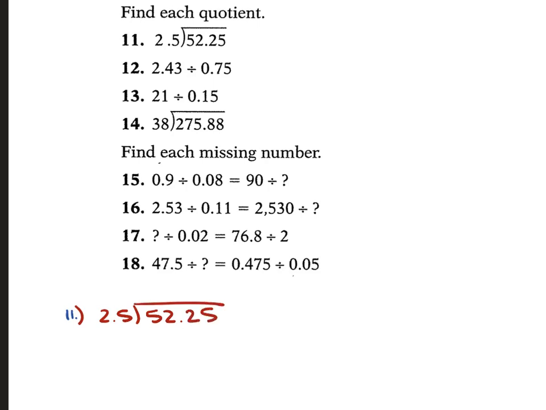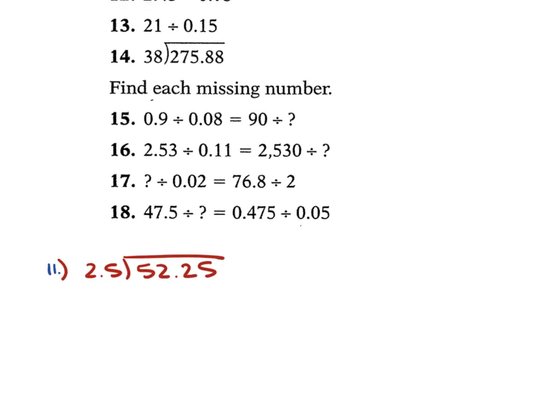All right, so this is why I wanted to do these with you instead of the ones that are done for you already, because when you have a division problem with a decimal on the outside of the division house, you cannot have a decimal on the outside of the division house. You have to have a whole number out there. So when you do this, you have to move the decimal point. And when you move the decimal point on the number on the outside, you do the same to the number on the inside the same amount of times.